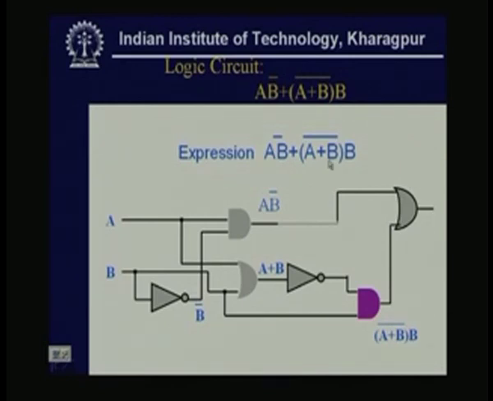Now, the full expression we see: this is my A B bar, the first part, and on the right hand the next portion is A plus B complement B. These two inputs are fed to one OR, because it is a plus, plus means my OR, a 2 input OR gate.